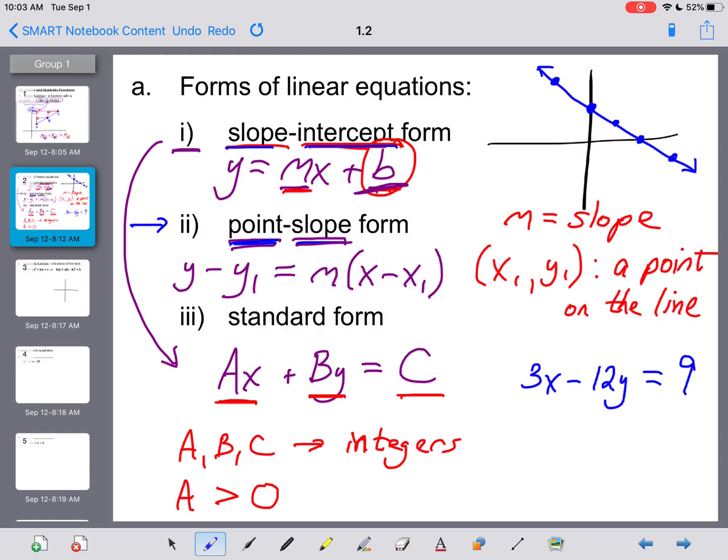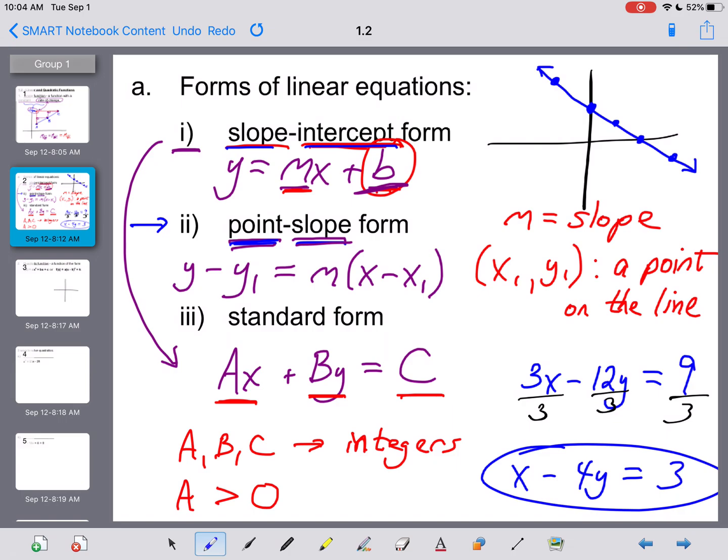A, B, and C are all integers, and A is positive. But I think you guys can look at this pretty quickly and see the problem. There's a common factor of 3 here. So all you would need to do now is just divide each term in the equation by 3, and that would now get you to x minus 4y equals 3, and that equation is in standard form.